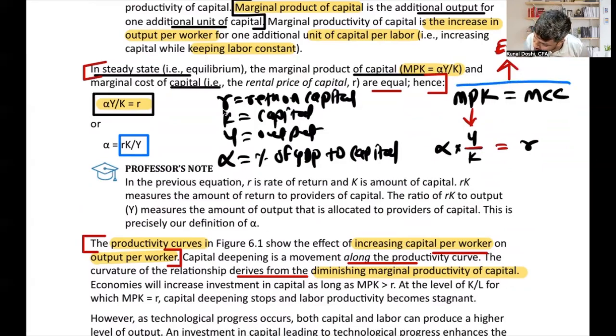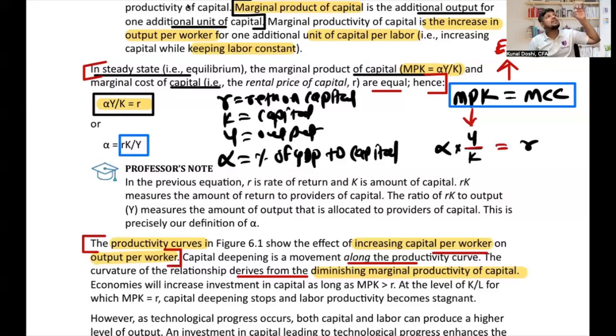But tell me one thing, if the marginal cost is greater than the benefit, that is the marginal product of capital, will you put more capital or not? All you need to know is this. Till how long will you keep on putting more capital into the economy? You will keep on putting till the point where your benefit is more than cost, right? But at some point, if the cost starts increasing, then there is no point of putting more capital.